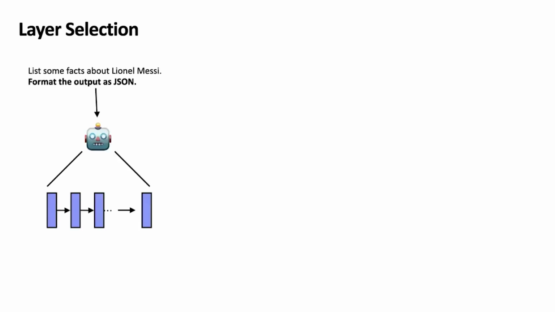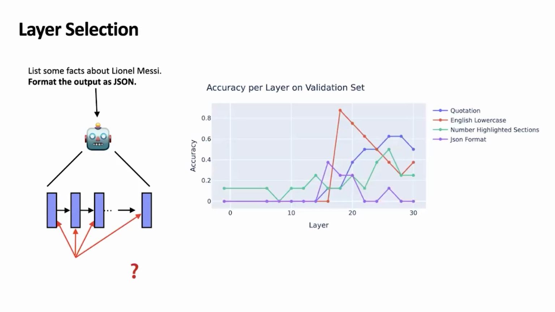And for the selection of the specific layer at which we should carry out this procedure, we basically perform a small grid search in which for each instruction, we compute a specific instruction vector, and on a fraction of the data that is held out, we evaluate how frequently the steering at a specific layer gets the model to follow that instruction, and we select basically the layer that is the most effective.